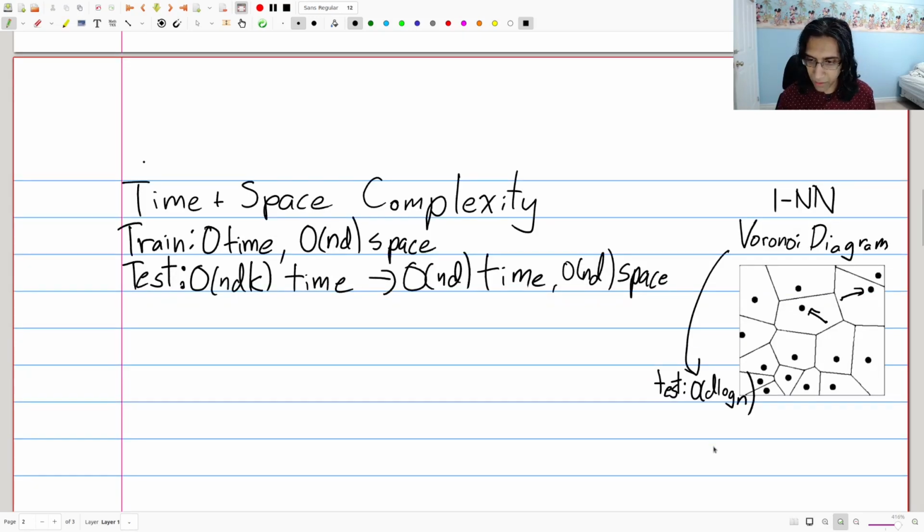The downside is that the space requirement is something much worse, which takes n to the order of d space. So this is okay maybe if you're in just a low dimensional space. For example, if you're in 2 dimensions, then this is maybe good enough because it gives you very fast lookup time. It'll just be log n time, but it'll be at least quadratically much space in order to store it.